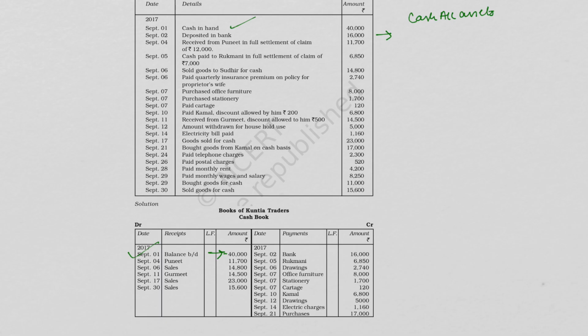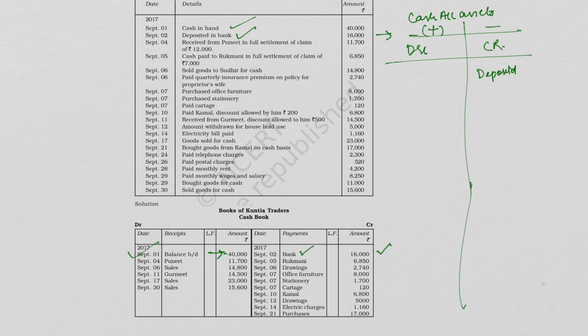Whenever it increases, it is debited, and whenever it decreases, it is credited. Deposited in bank: our cash is reducing, so the cash account will be credited, by bank account rupees 16,000.